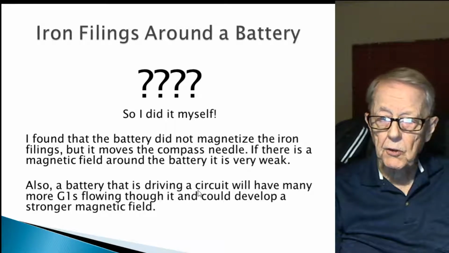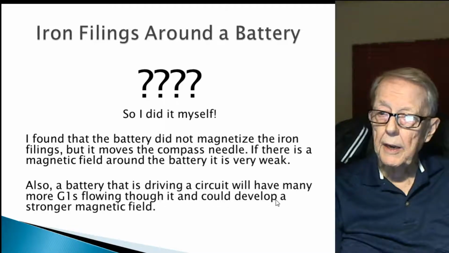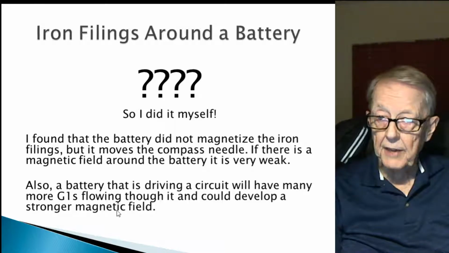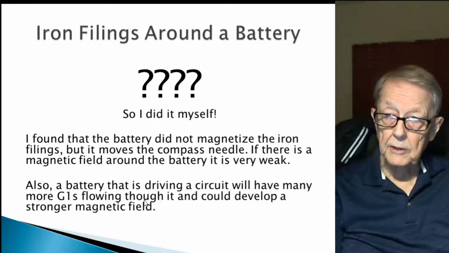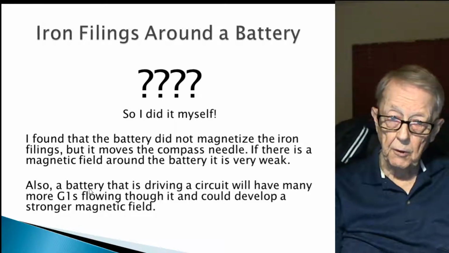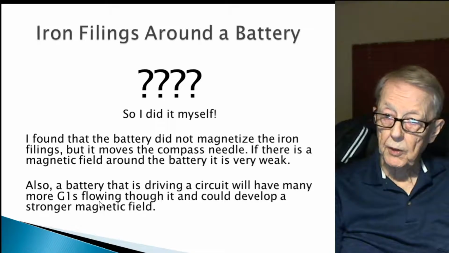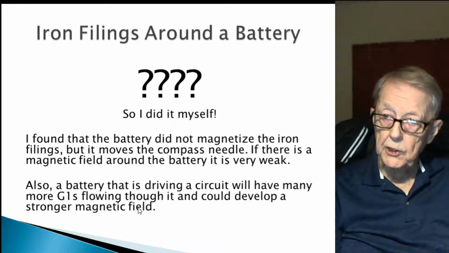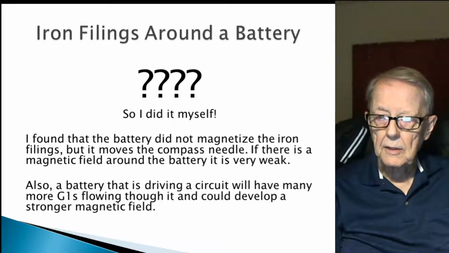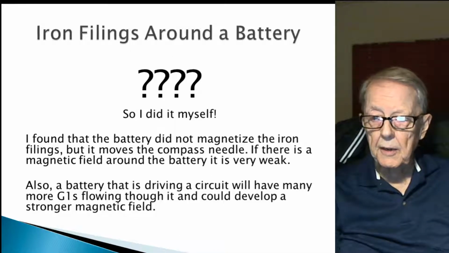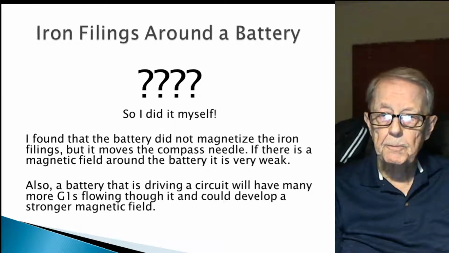But a battery that is driving a circuit will have many more G1s flowing through it and could develop a stronger magnetic field if it even had one, because the G2 gravity around it is going to be stronger, and so there's a better potential for a battery to have a magnetic field when it's in a circuit with a lot of G1s flowing through it, strong G2 gravity around it. You can't find any information about it. I was going to have to do more work myself, and I haven't up to this point done that.